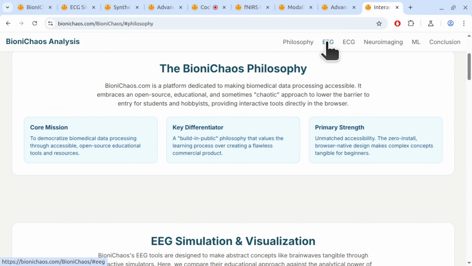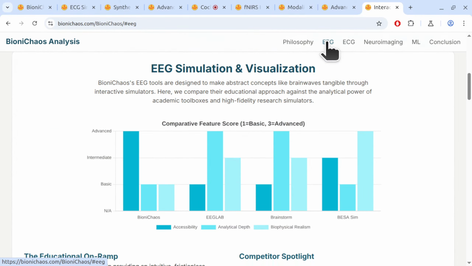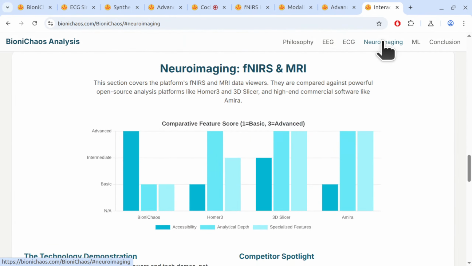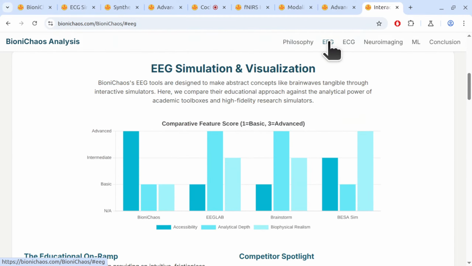And as we look through the data, one thing really jumped out. Almost across the board, Bionic Chaos gets rated advanced for accessibility. EEG, ECG, neuroimaging. It seems like user-friendliness is a top priority, making it easy to get started. Right, but what's fascinating, and this connects directly, is the trade-off you see. High accessibility, yes, but often it scores basic on things like analytical depth.